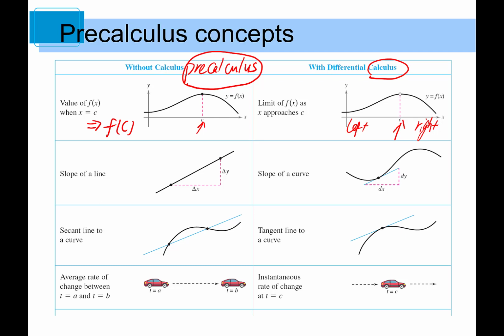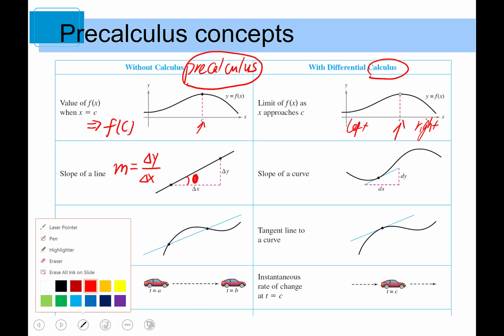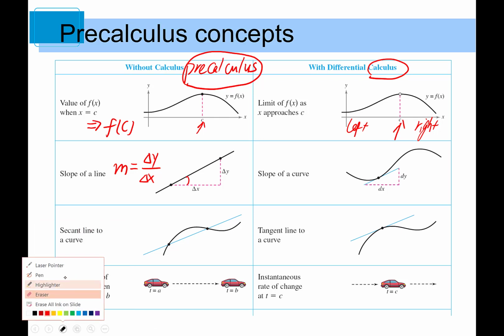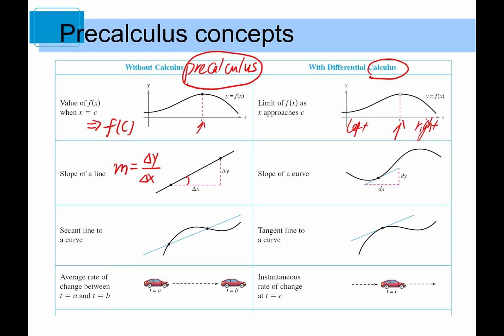And in pre-calculus, you will learn the slope of a line. Slope equals the change of y over the change of x. So this is the tangent of this particular angle, let's say theta.